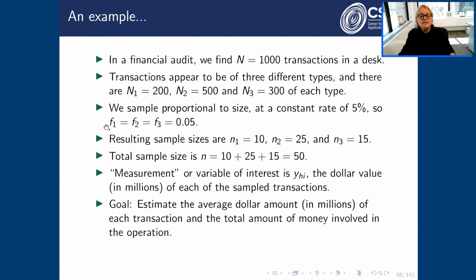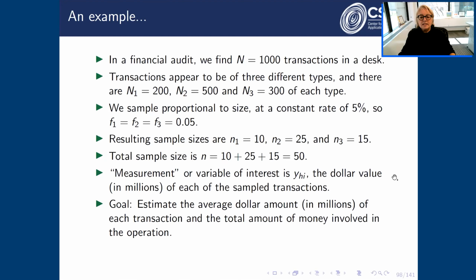Let's suppose that we sample proportional to size at a constant rate of 5%. So the sampling fraction here is always 5%. 5% of 200 is 10, 5% of 500 is 25, 5% of 300 is 15. And so my total sample size here is going to be 50.